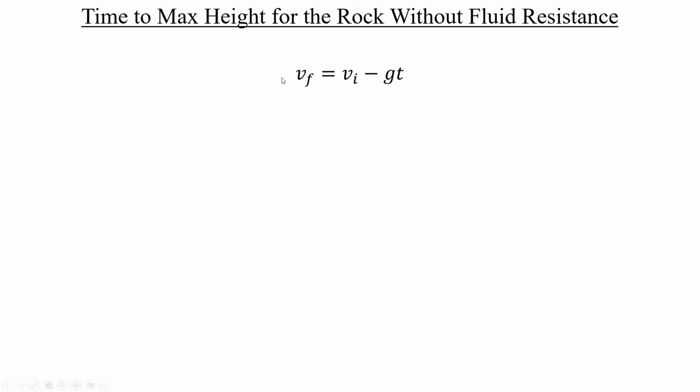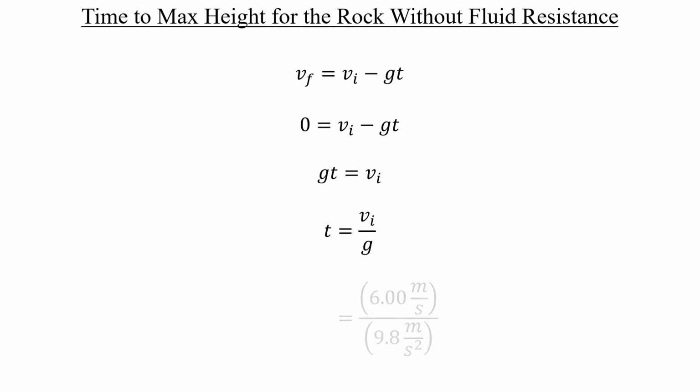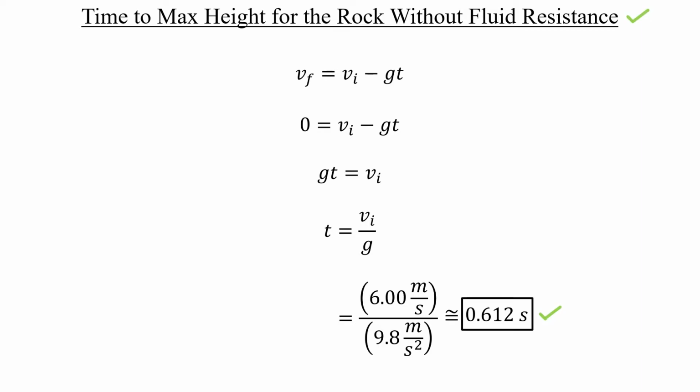Remember, the final velocity is 0 at the top of the throw, so let's plug that in straight away. Then we can swing this minus gt term over to the other side, divide both sides by g, and that's it. Plugging in the numbers tells us that the rock covers that distance in about 0.612 seconds. That's all of part A done.